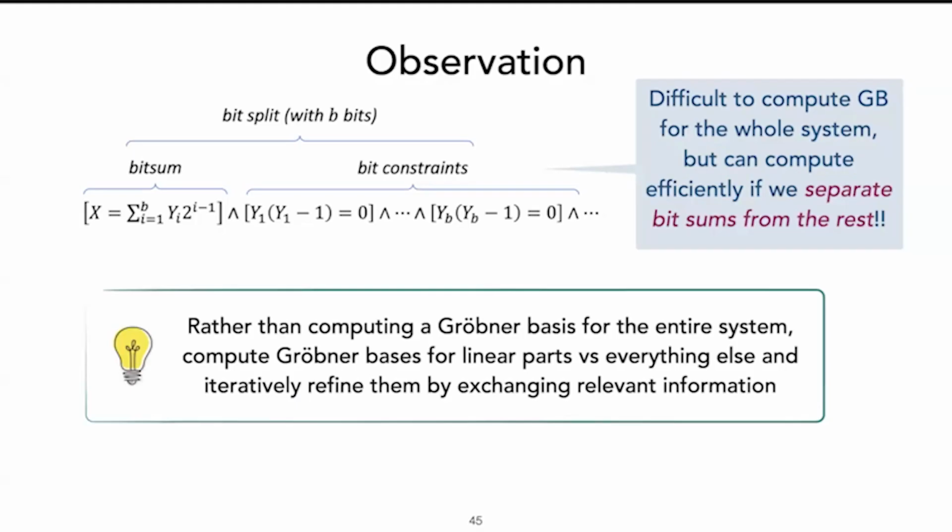So that's the intuition behind our approach. We want to split the constraint system into multiple parts and compute Grobner bases for those separately, and then iteratively refine them by exchanging relevant information.